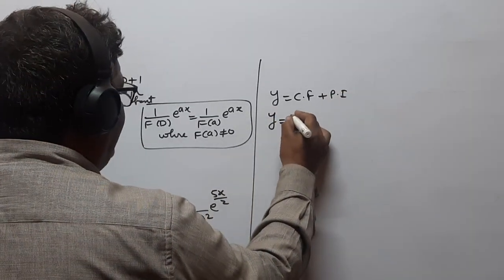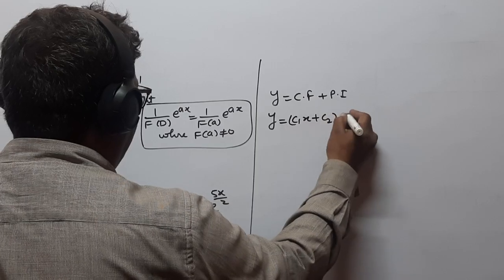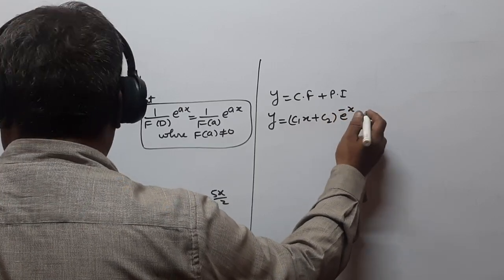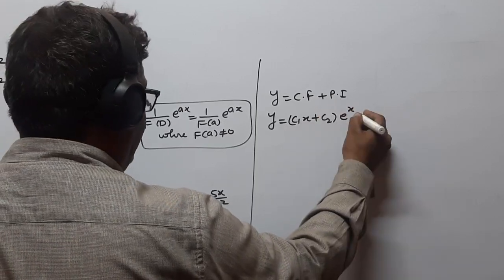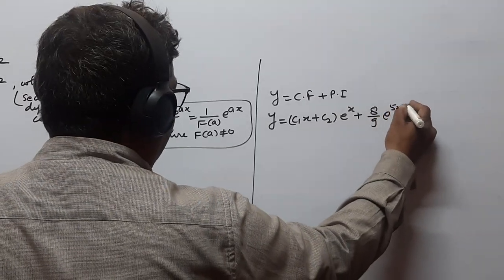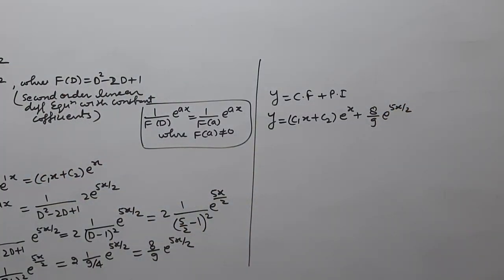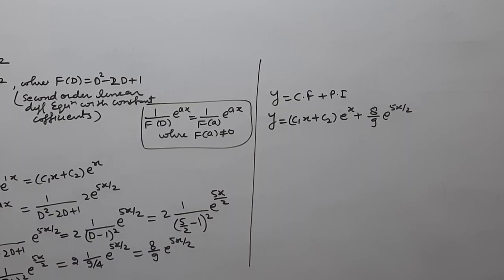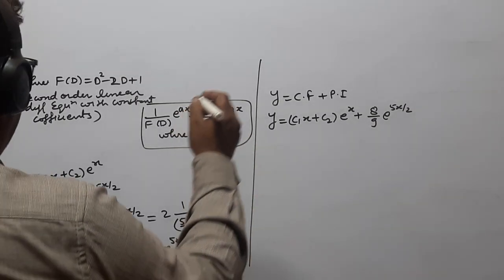So y is equal to (c1 x plus c2) times e to the power x plus 8 by 9 times e to the power 5x divided by 2. This is the complete solution of the given second order linear differential equation.